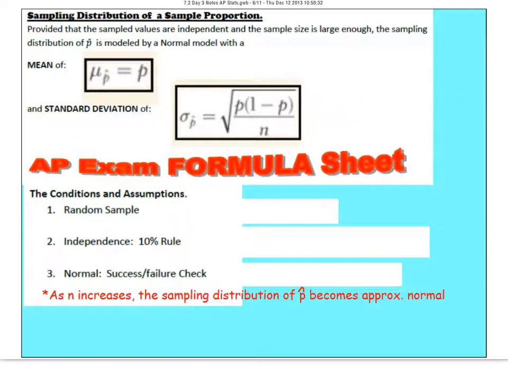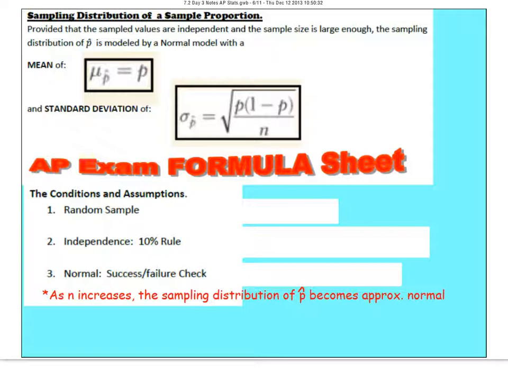Add them up and take the mean. So how do you find the mean of all your p-hats? We assume the mean of all the p-hats is the true population proportion. Okay, how do you find the standard deviation? The standard deviation of all the little p-hats of all of our samples is equal to the square root of p times 1 minus p over the sample size that was used. Now, these two formulas are found on the AP formula sheet.